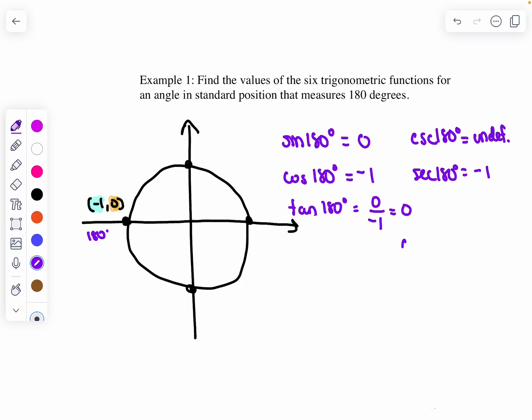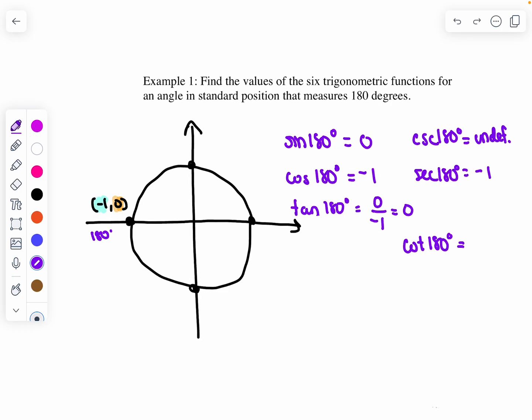And then cotangent of 180 is the reciprocal of tangent of 180. Well, tangent of 180 is 0. Again, if you flip over 0, 0 would be in the bottom. Can't divide by 0, undefined. Okay, so you can use the unit circle along with its coordinate point for anything, whether it's in radians or degrees, if it is quadrantal.